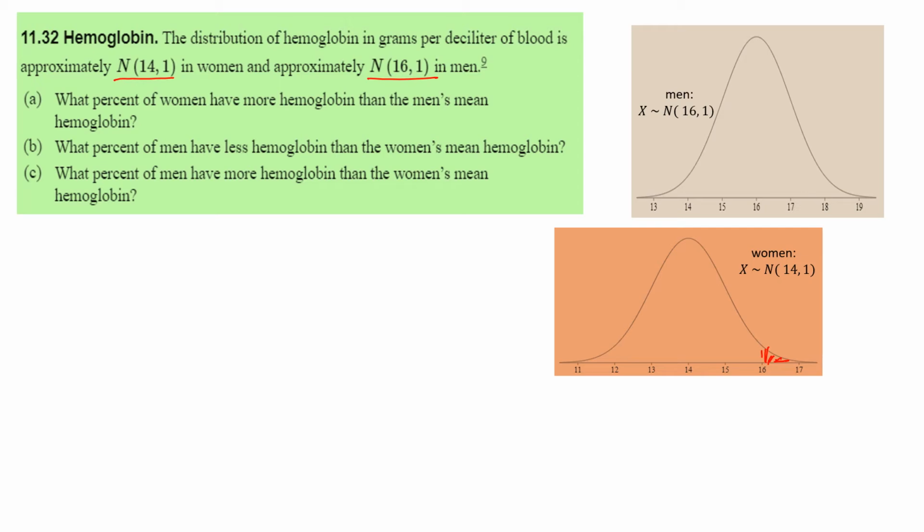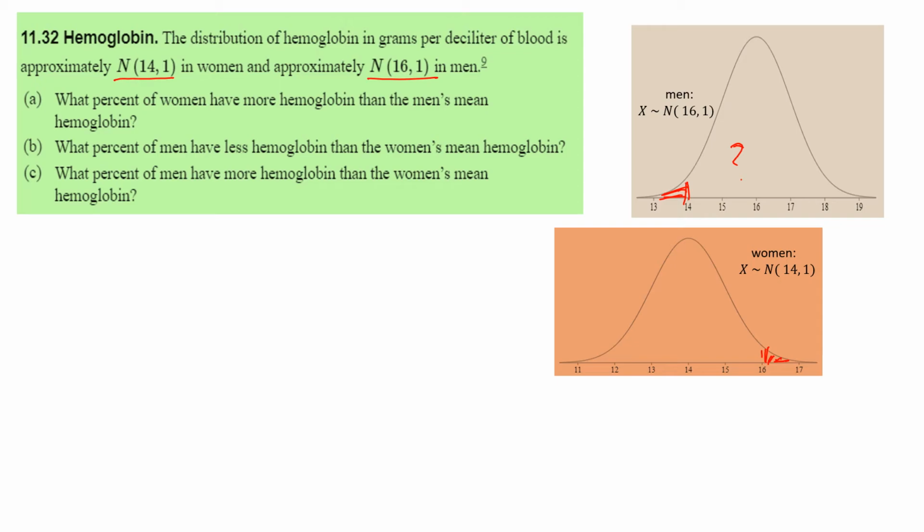What percentage of men have less hemoglobin than women's mean hemoglobin? Here for women, the mean is 14, but you are asked to find what percentage of men are below that region. What percentage of men have more hemoglobin than women's mean hemoglobin? So what percentage is above 14?